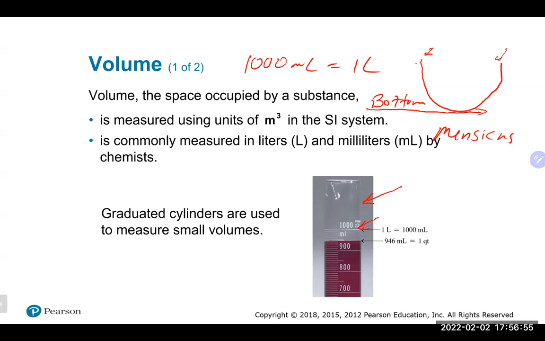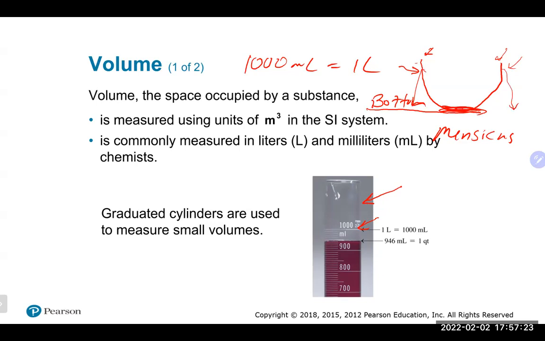But you should always practice trying to find that meniscus, and it's always from the bottom. The reason is that the liquid climbed up the wall only because of that attractive force. The actual volume is at the bottom. If there was no attractive force, everything would come back down, and that's where the volume actually is in that container.